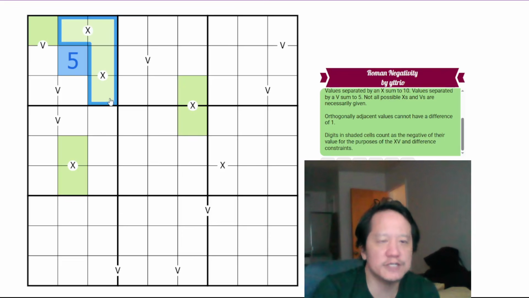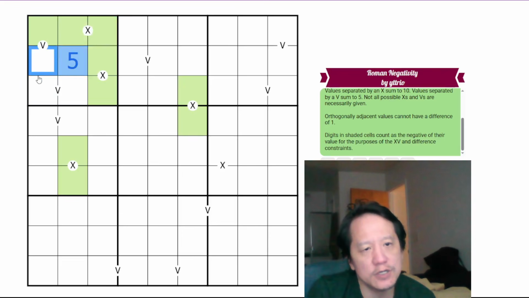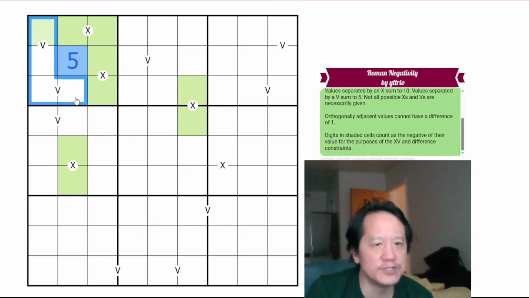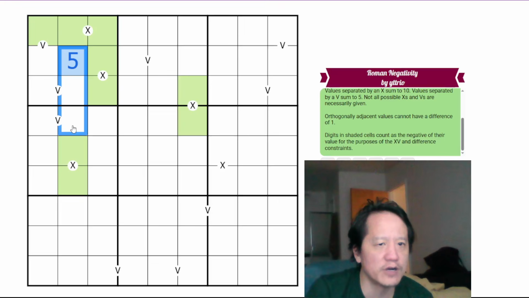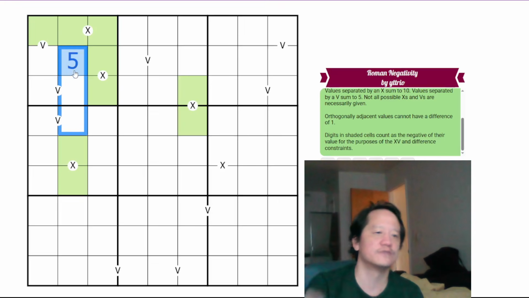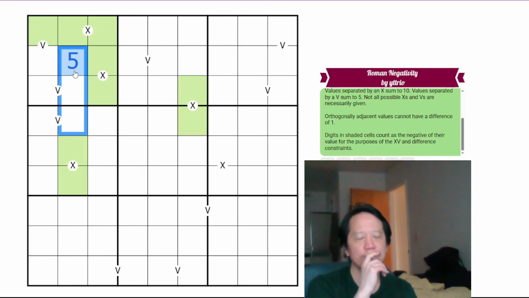So you're guaranteed this has to be 2 blues here. Right? Because if you have a difference here, for the blue to get out, to orthogonally connect to the rest of the blues. And because of that, you're going to have either 6, 1, 7, 2, 8, 3, or 9, 4, essentially subtract to 5.